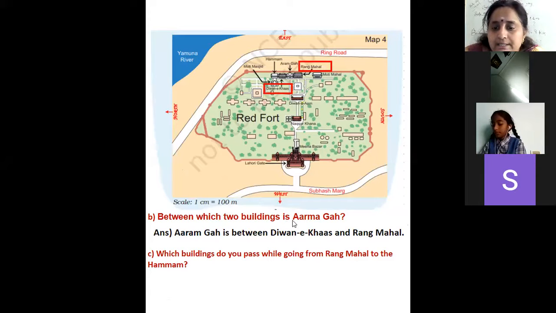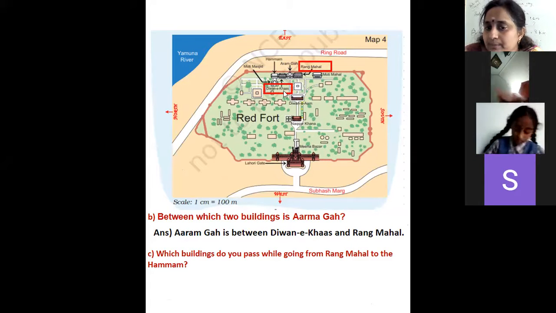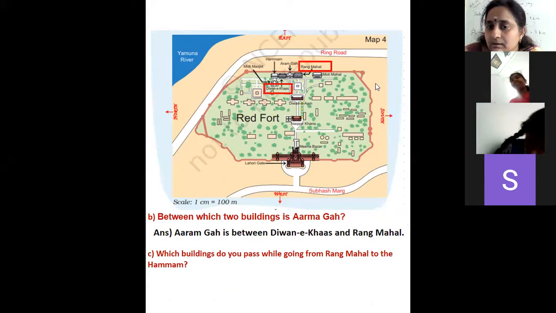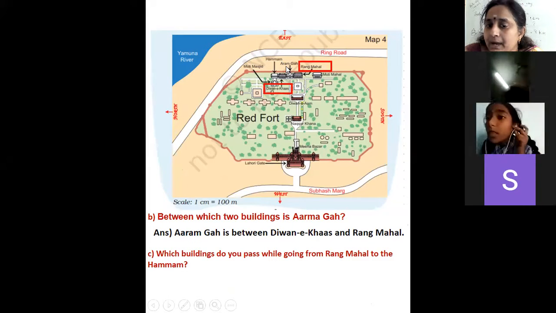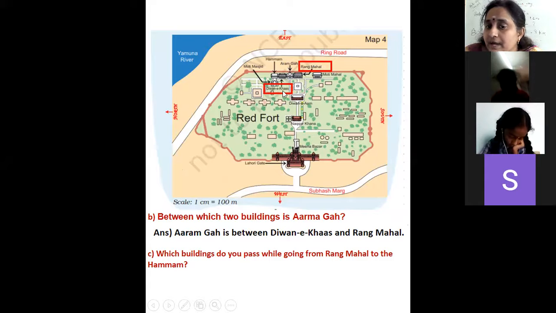Next. Between which 2 buildings is Armagah? Observe this. Armagah is in between Diwani Khas and Rag Mahal. I have given the red mark there.